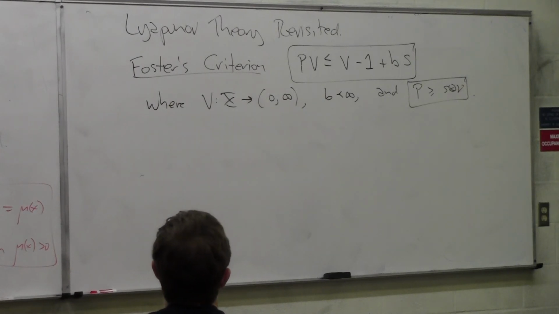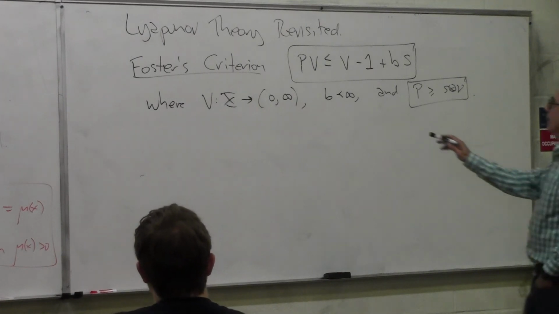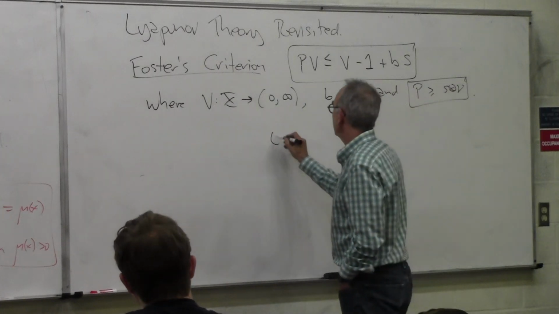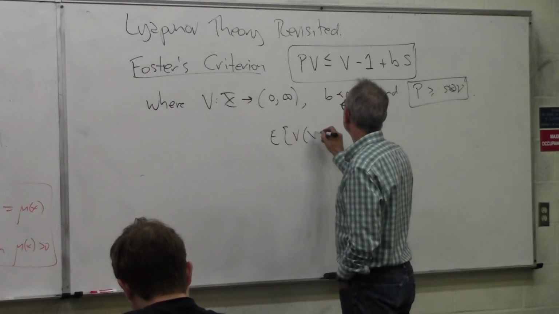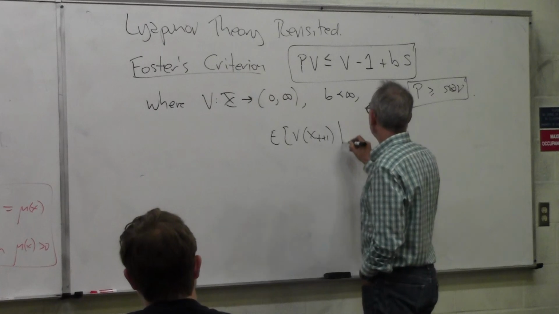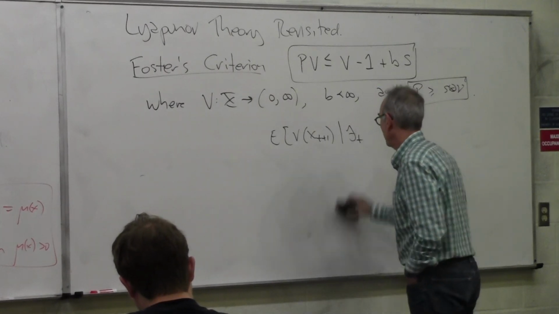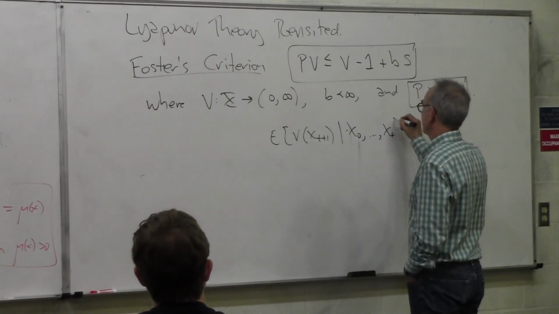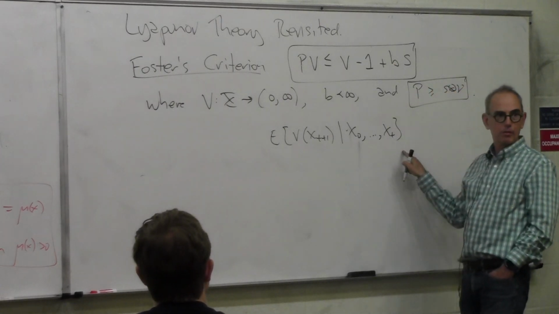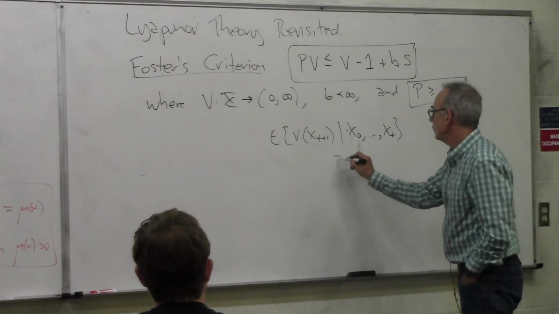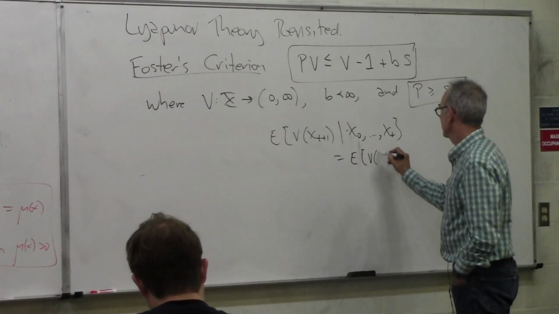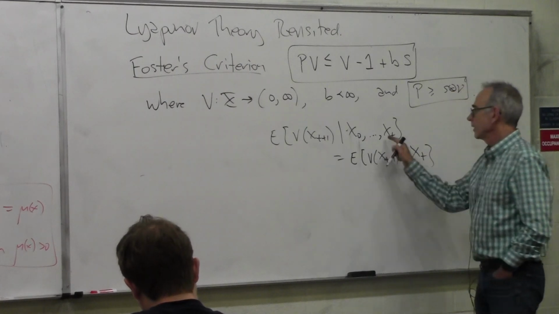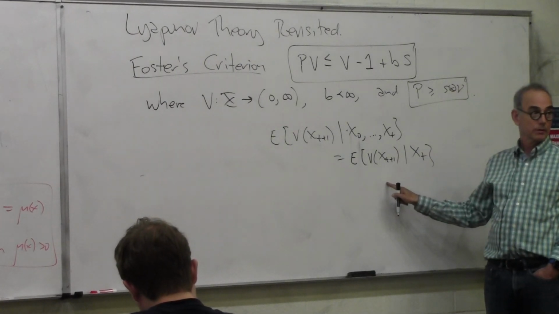And Foster's criterion is saying this is a conditional expectation like we talked about before. It's saying that the conditional expectation of v of x t plus 1 given the history is equal to this. That equals that by the Markov property.